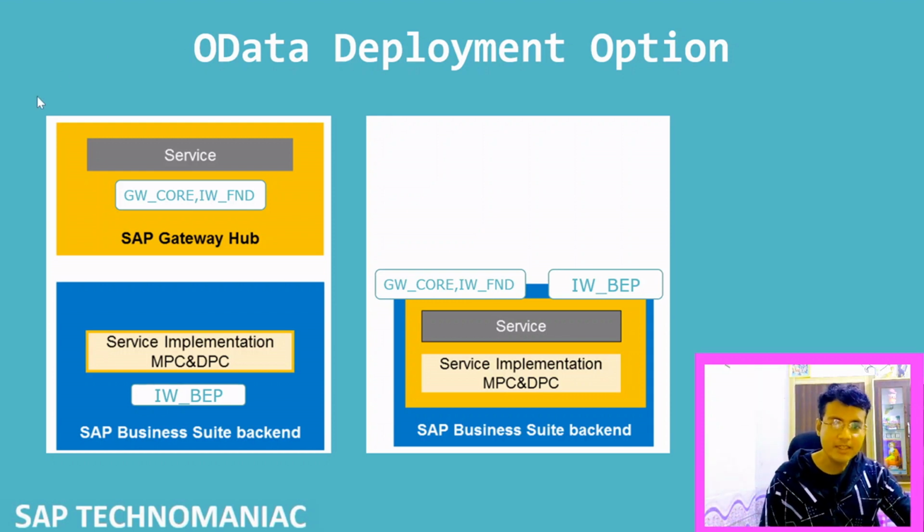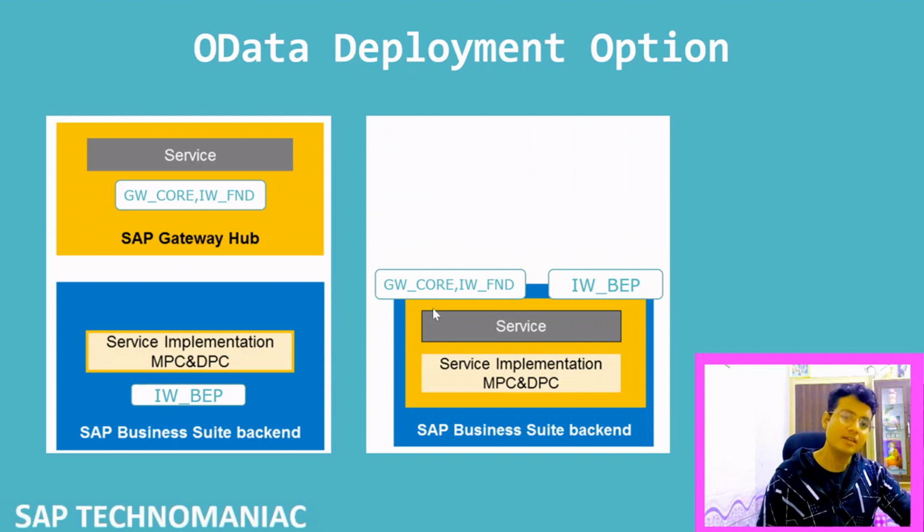In this different system we need the two components GW_CORE and IW_FND, which we need to register our services. If these are installed, you can register the services and maintain them there. This is called the SAP Gateway Hub system.